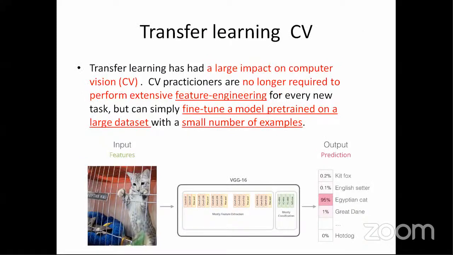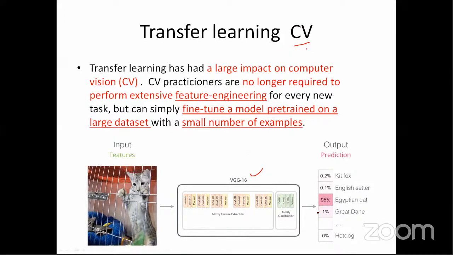Fine. This is what I used to say about transfer learning with respect to CV. As I said, I'm not only touching NLP here, I'm talking about the general guidelines for transfer learning. Transfer learning had a high impact in computer vision, where they are not bothered about feature engineering. Here is one transfer learning concept called VGG16. People who work in computer vision may know this architecture.